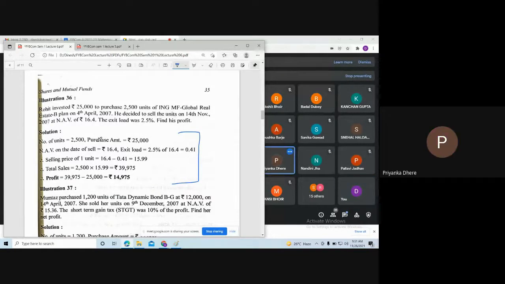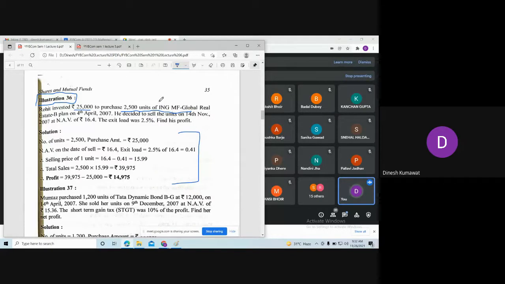Yes, sir. Okay. So let us see this last illustration for today's lecture, that is illustration number 36. Rohit invested 25,000 to purchase 2500 units of ING Mutual Global Real Estate B Plan on 4th April 2007.